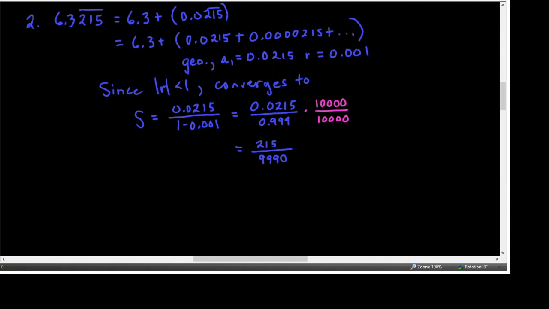And so coming back to our problem, because we weren't actually done, that's 6.3, which is 63 tenths, plus 215 over 9,990.